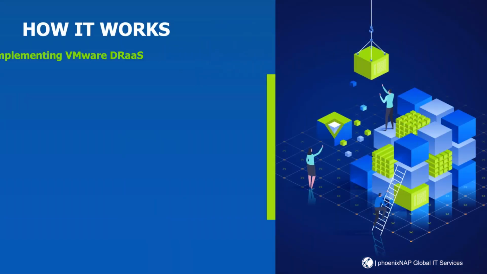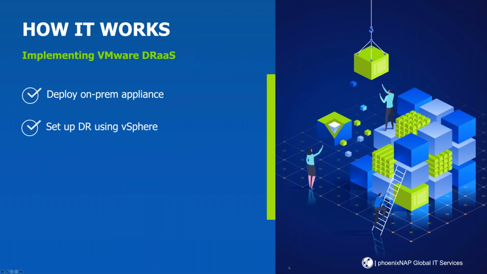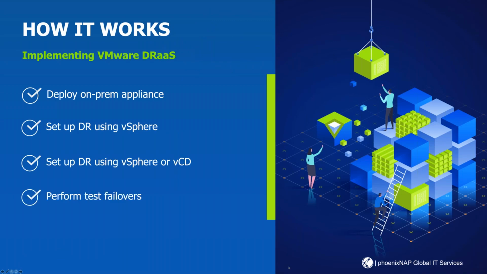So we walk through this. You deploy that on-prem appliance, you set up your replication policies, you log into our VMware vCloud Director portal. You can see your replicated application sets. You can create all of the necessary network plumbing to ensure that your environment operates the same way in the cloud as it does on-prem, right?